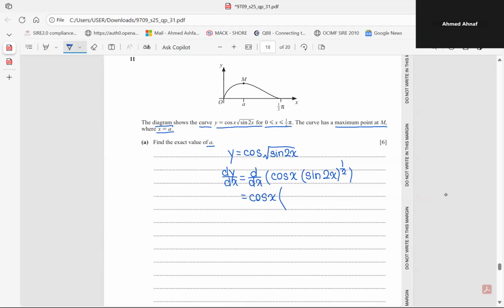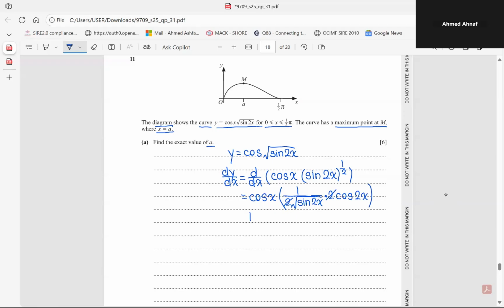So we're going to have to use the chain rule for this. So first we differentiate the outer function, which is just a half times (sine 2x) to the power of negative half, which is just 1 over square root sine 2x. And then now we're going to differentiate sine 2x, which is just 2 cosine 2x. So this would cancel each other out.